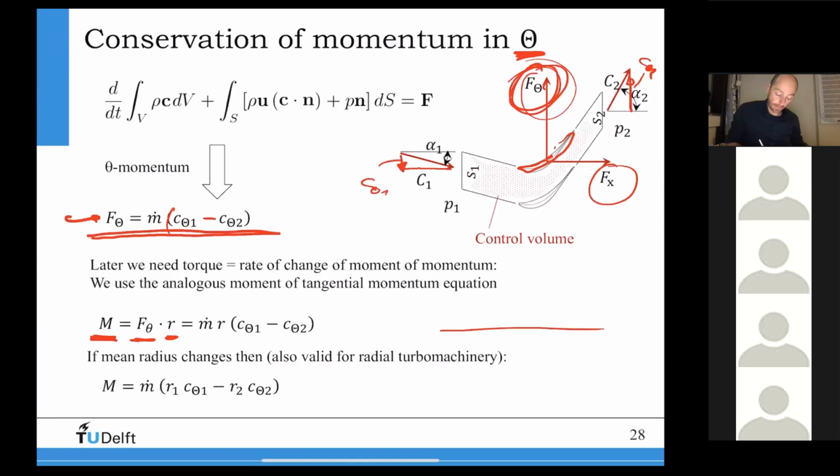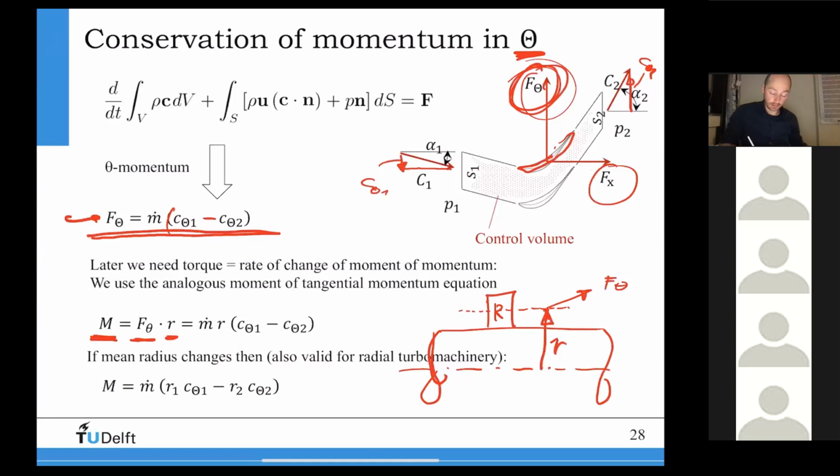If we have here the shaft, and here we have the rotor, and this is my midspan plane, as I said before, and this is the radius. This is the radius, and I have a tangential force here. This is F theta.